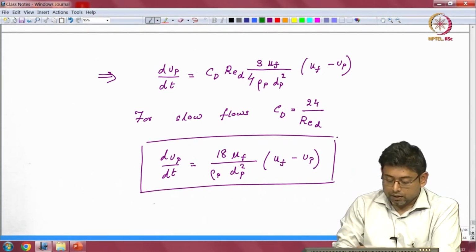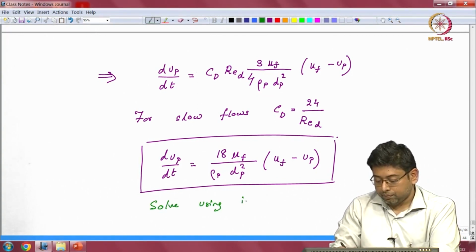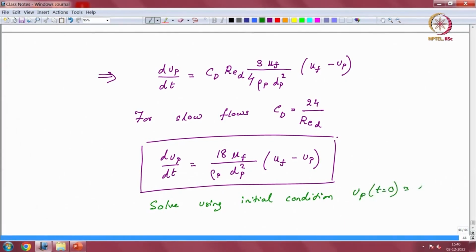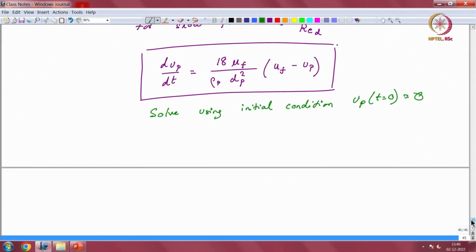Solve this using the initial condition Up at t equal to 0 is equal to 0. If you solve this, the solution comes in the form of the particle velocity equal to the fluid velocity times 1 minus e to the power minus t divided by a time scale, which is my particle time scale.